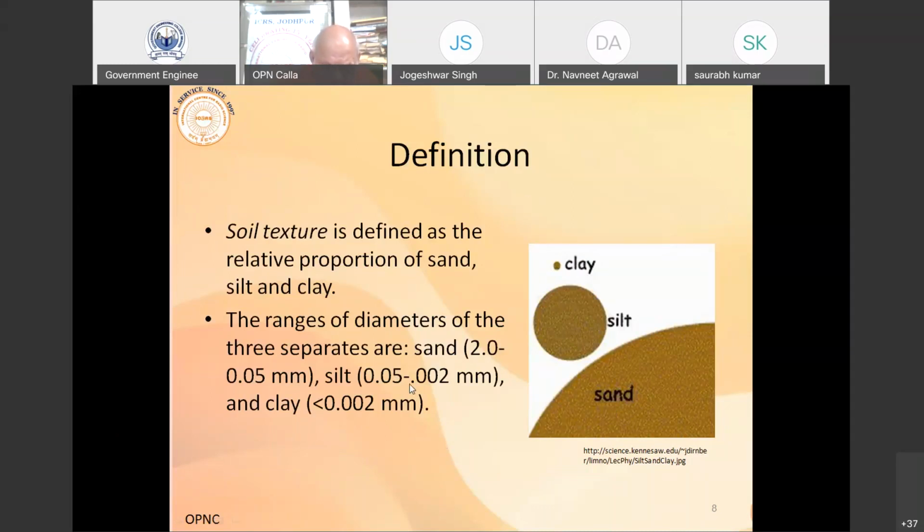Here I have shown that for sand it is about 2 millimeter to 0.05 millimeter. The silt will be 0.05 to 0.002 millimeter. Clay will have particle diameters less than 0.002. So this is how the texture is defined.